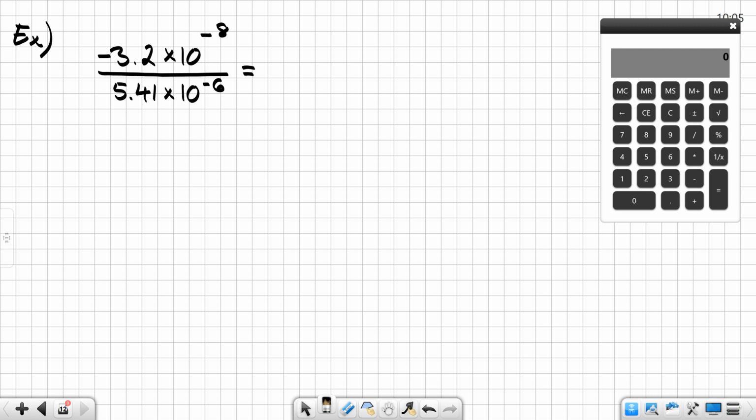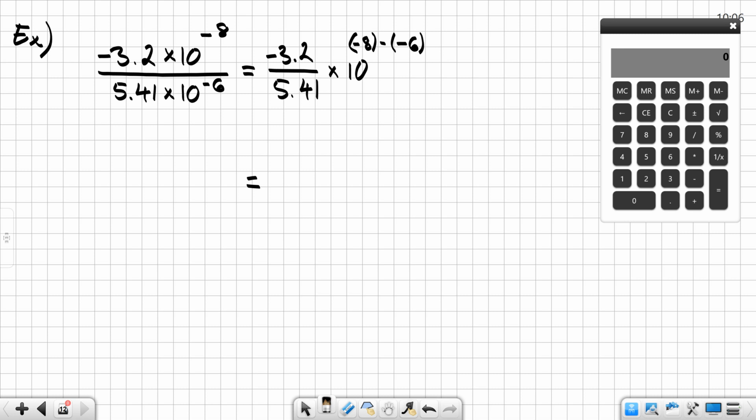So what I just have to do is I take these number values at the beginning and will divide them, and then I'm going to look at the exponents, and I have to use the rules for exponents, which said top minus bottom. Remember to put the parentheses around this, because now it really becomes crucial.